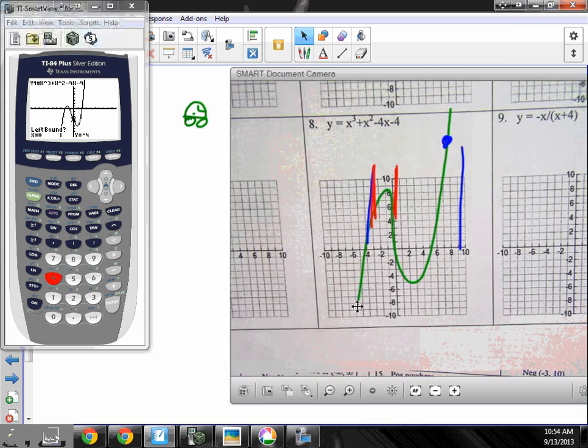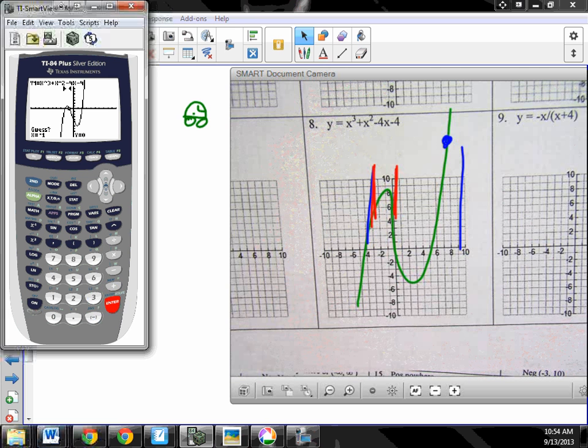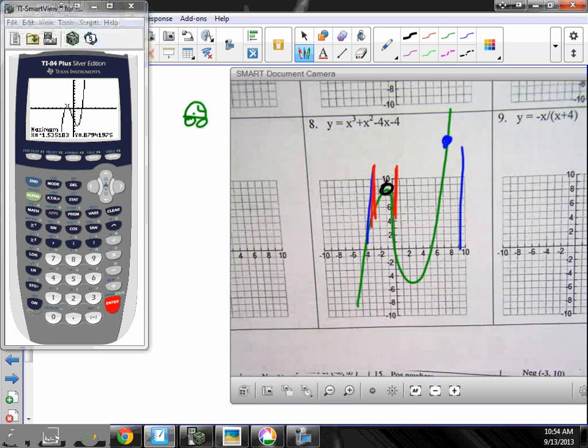So I'm going to set my left bound as -2, my right bound as -1, and my guess as -1.5. And it says that my maximum is actually -1.53. So this point here is x equals -1.53.